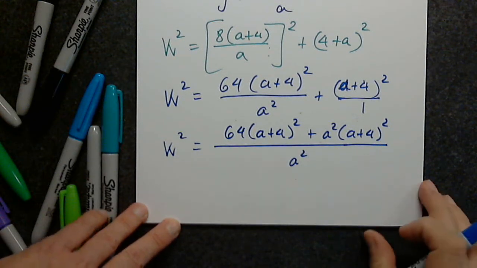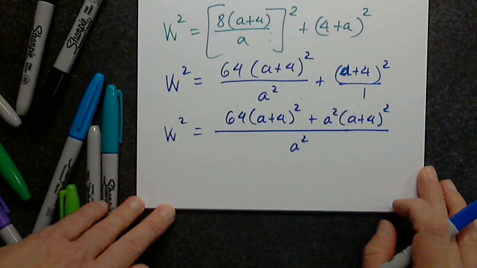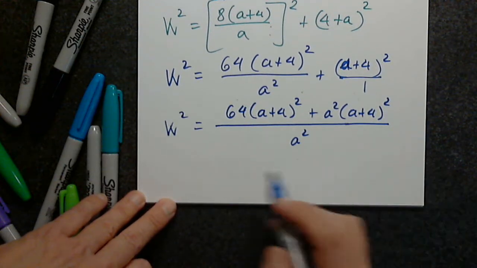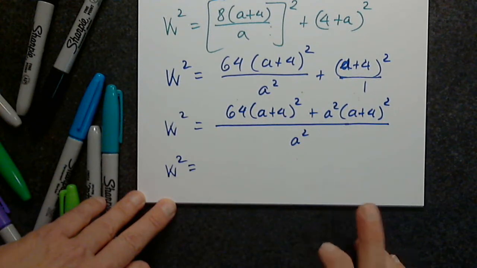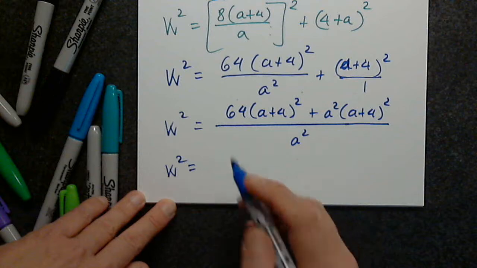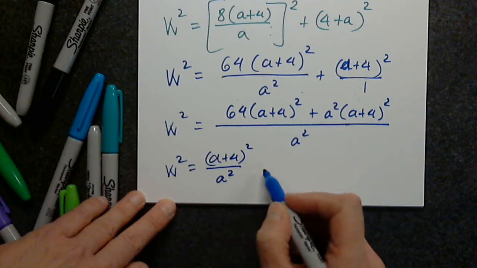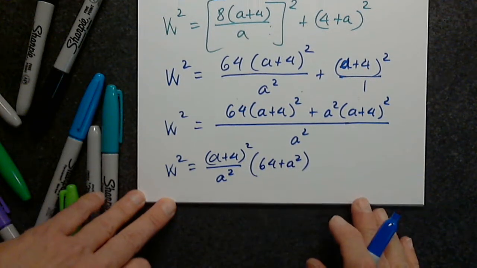And it's ugly. I mean, I can factor, and then 64 plus A squared.